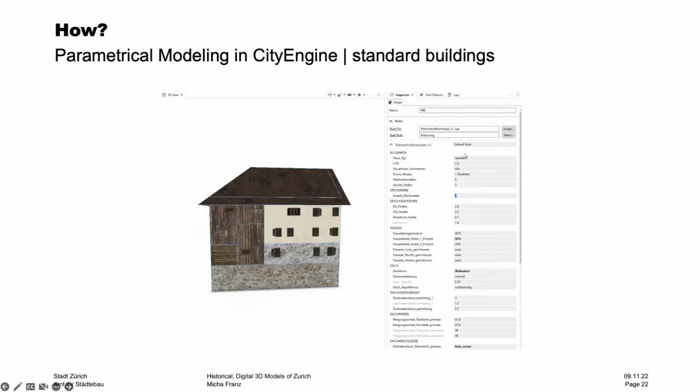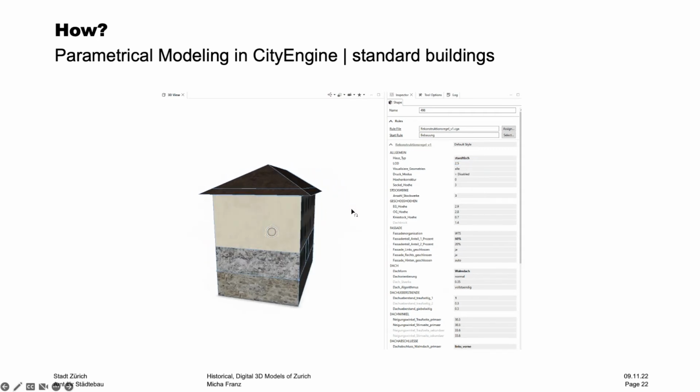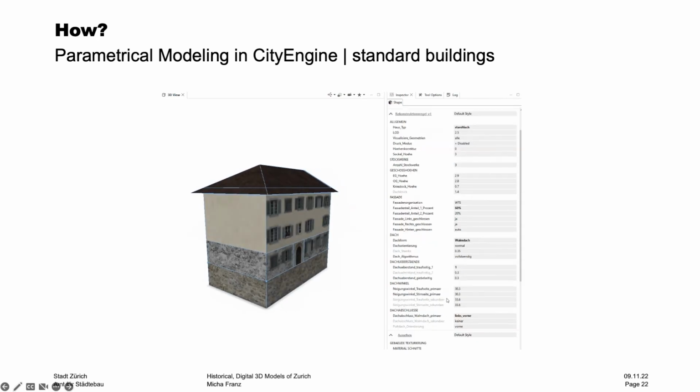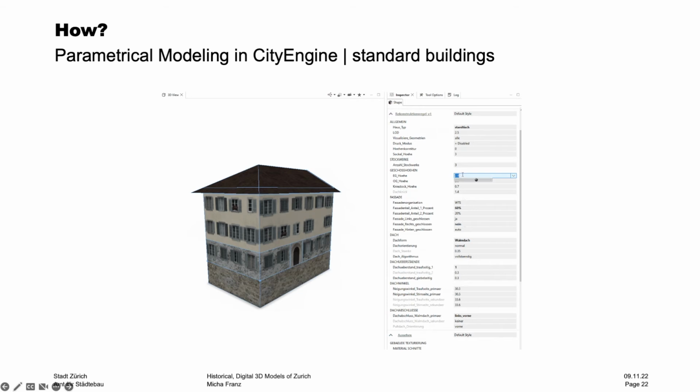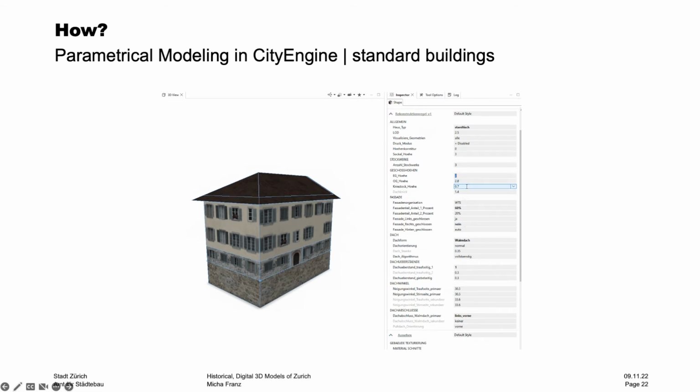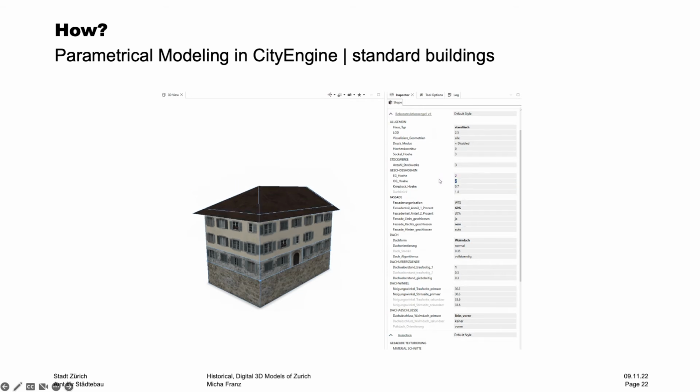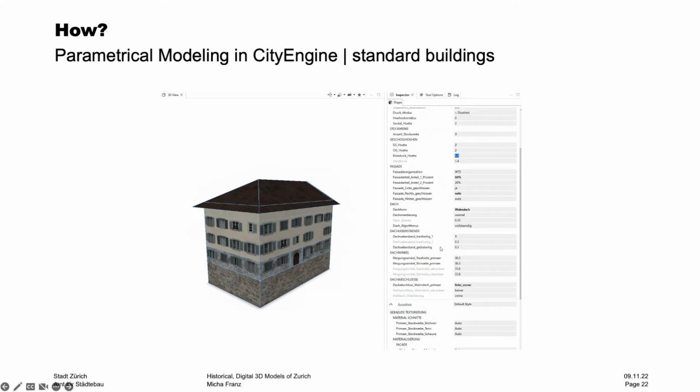But if we now have more detailed information about a certain building, we can simply adjust these parameters, like the percentage of living area versus stable, the type of roof, if the roof was symmetric or not, the number of floors, and also since we have a clear difference in rural and urban buildings, this was also implemented, and we can just switch the two styles.